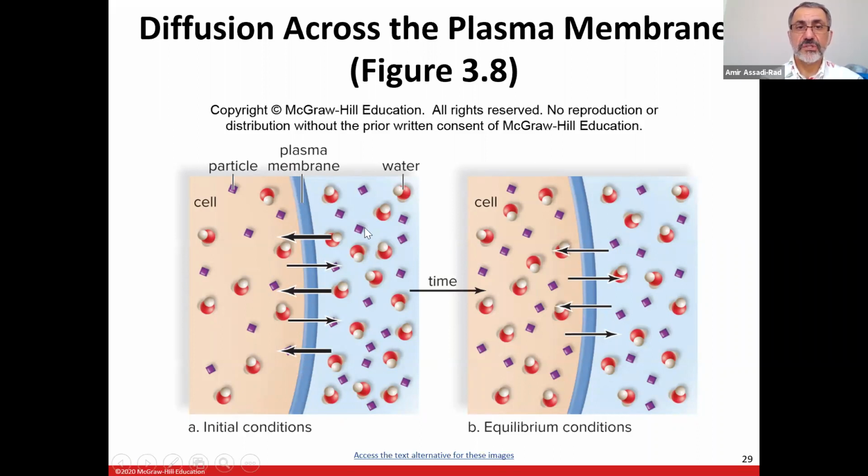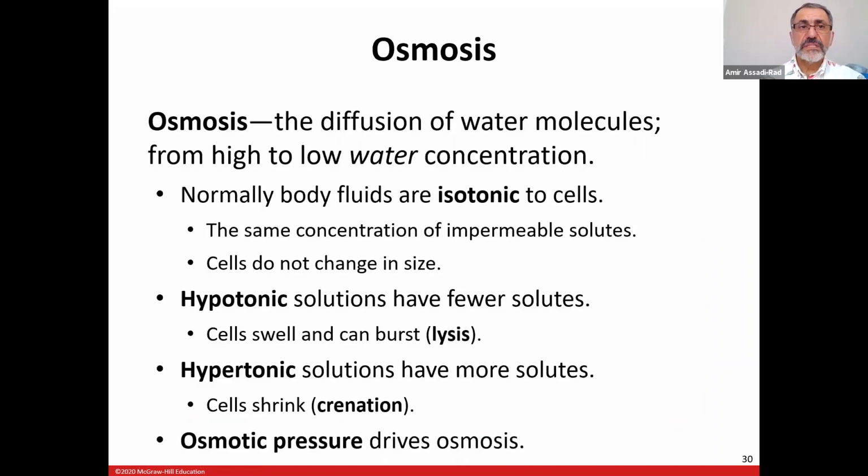So the water molecules are getting from high concentration to low concentration, just like that, okay? And osmosis, here it is, diffusion of water molecules from high to low water concentration. But again, they forgot to mention here, it has to go through a selective membrane, so through a membrane.